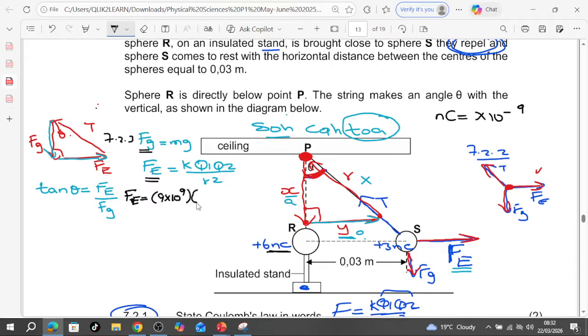Close the bracket, then this will be 6 times 10 to the power negative 9.